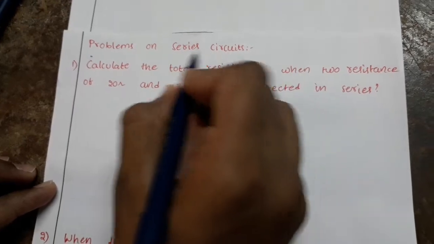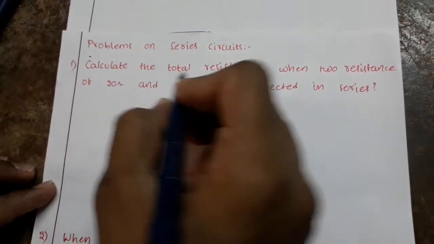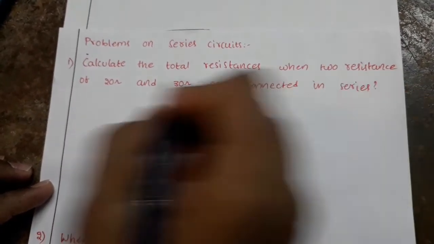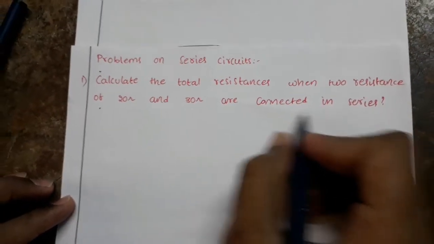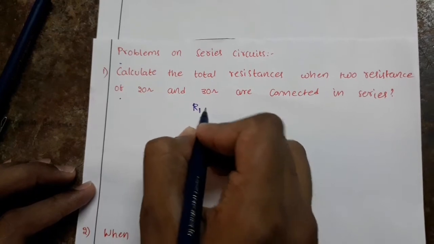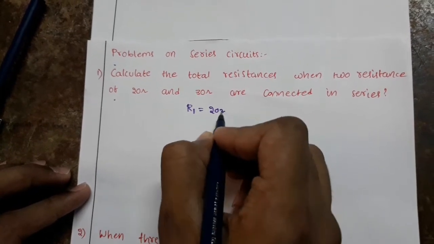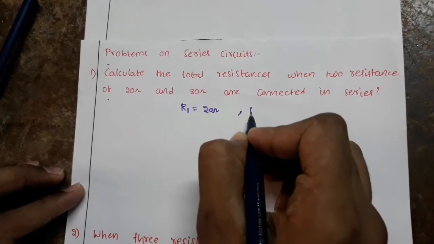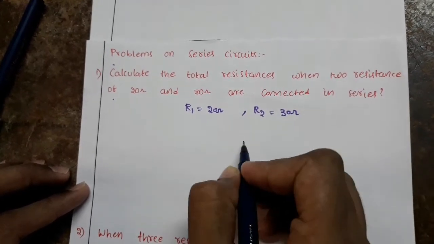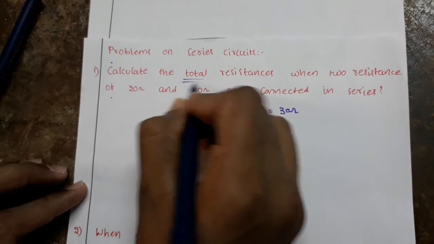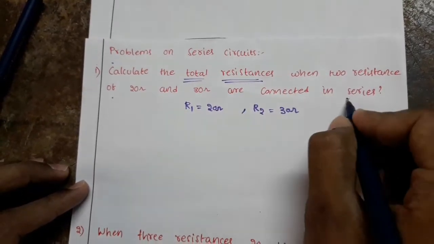Problems on series circuit, friends. Calculate the total resistance when two resistances of 20 ohm and 30 ohms are connected in the series. Here we have resistor 1 with 20 ohm of resistance and resistor 2 with 30 ohms of resistance. We have to find the total resistance when they are connected in the series.